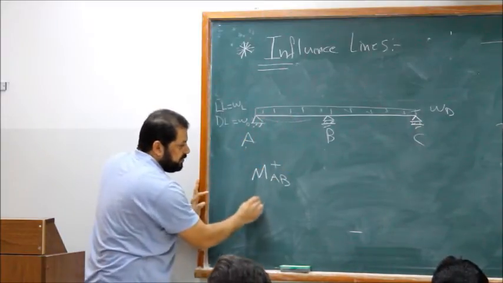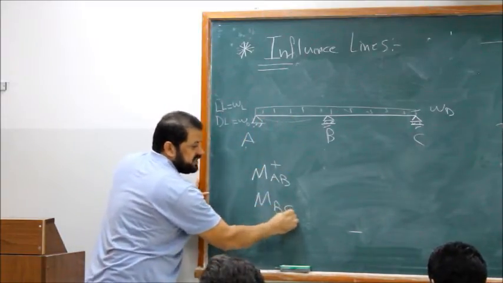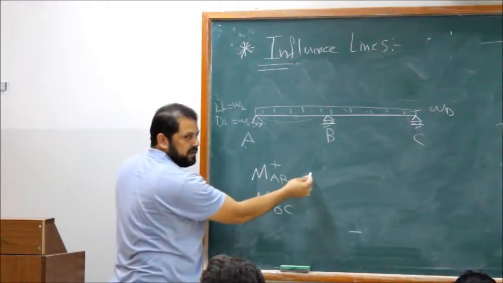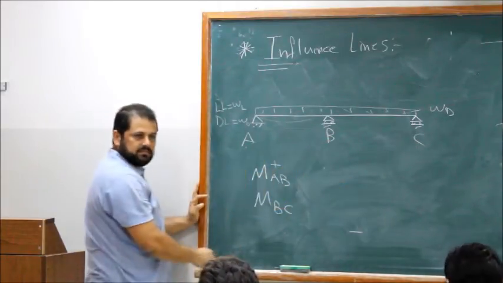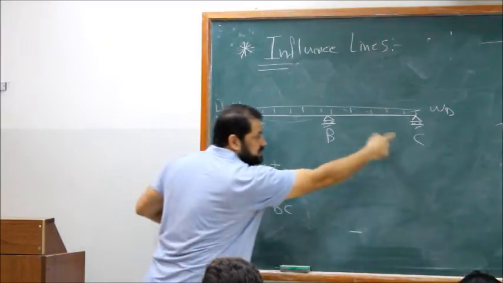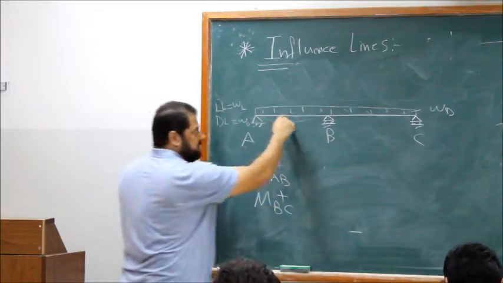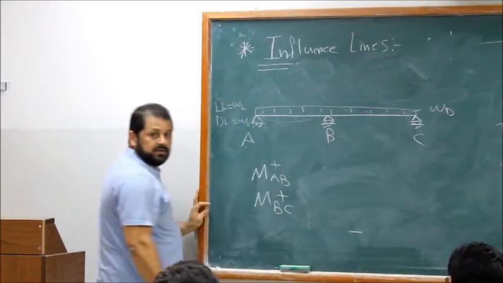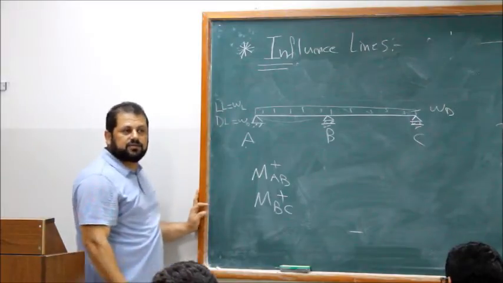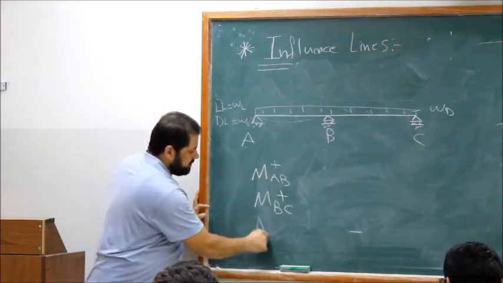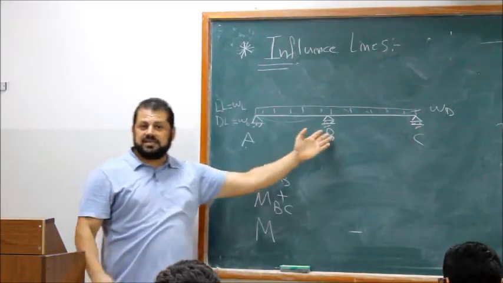He also wants from you MBC. If they are equal, you tell him MAB positive equals MBC positive. Good. If they are not equal, it means he needs this number and he needs this number here. What else does he need? MB is 0, right?